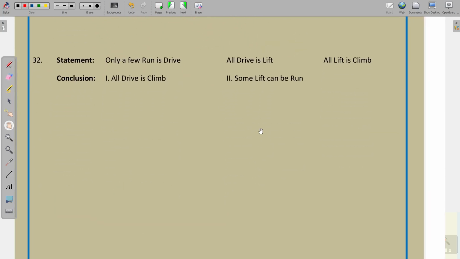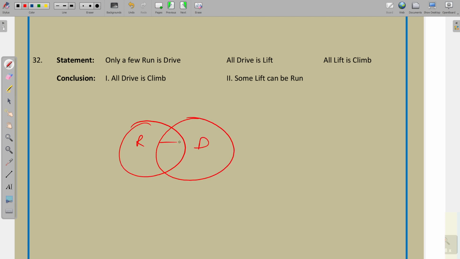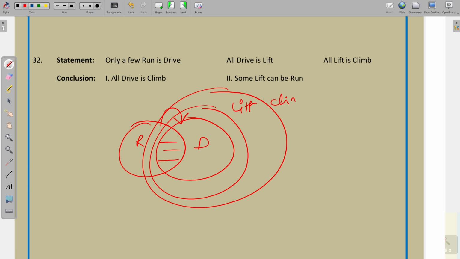Next, 32. Only a few run is drive. Next, all drive is lift, and all lift is climb. And the conclusions: all drive is climb.